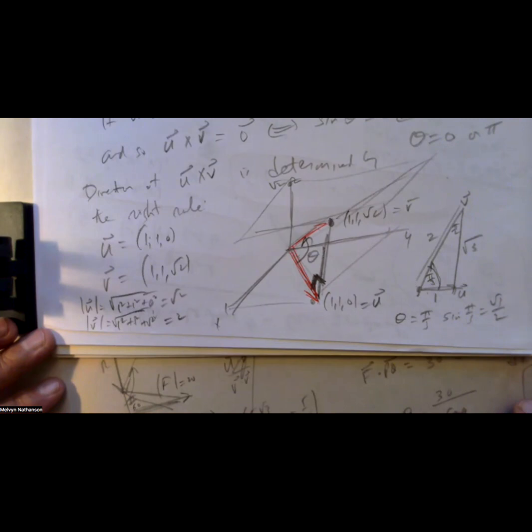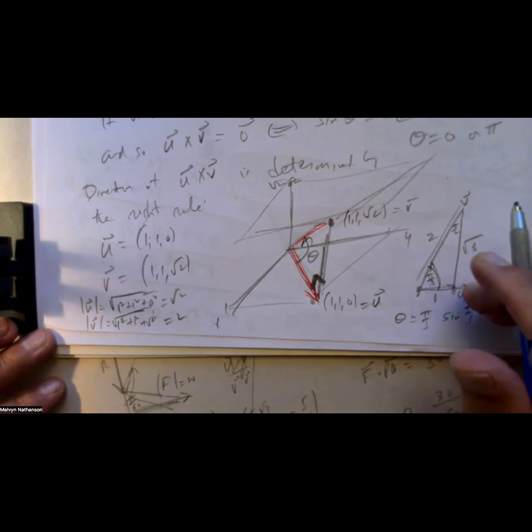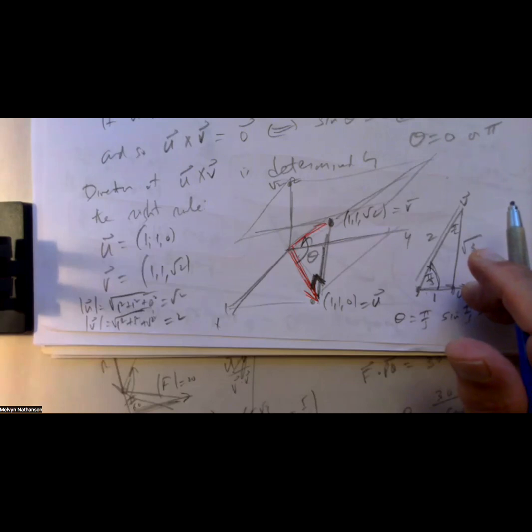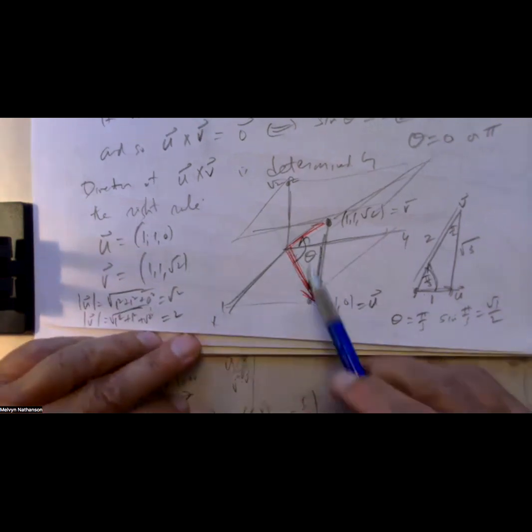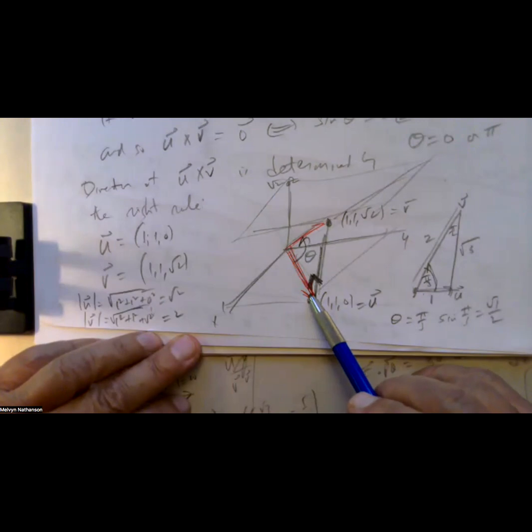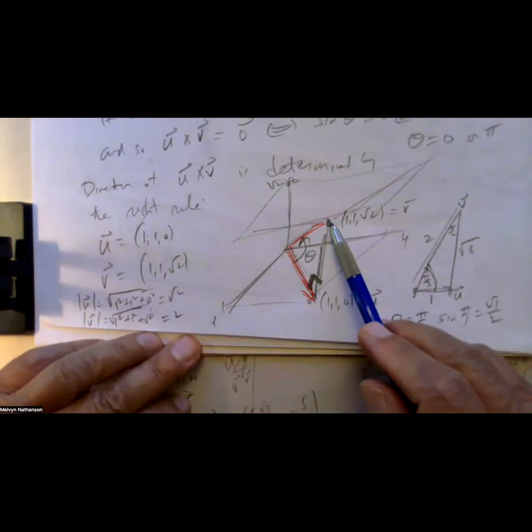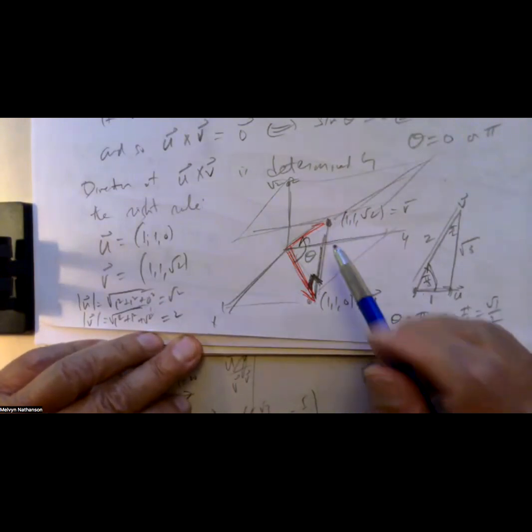Let me just go through this again. This is 1, 1, 0. This is 1, 1, square root of 2.